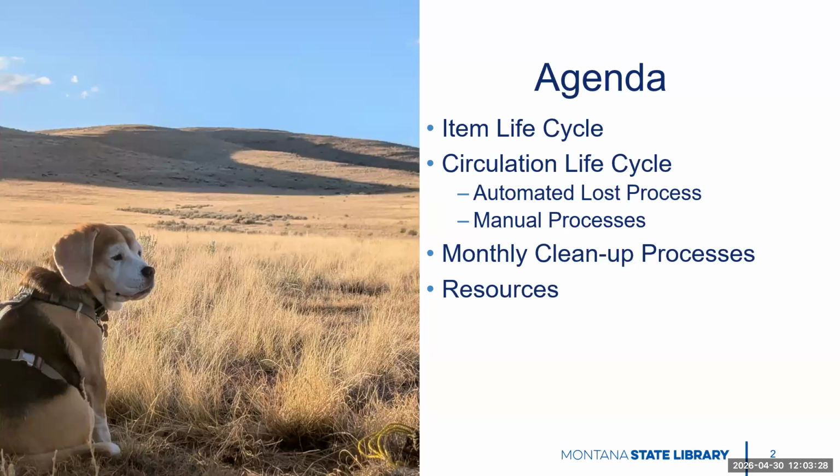Then we're going to go into the monthly cleanup processes that happen on the back end of the system. That's some of the new things that we've implemented in the last year. And then resources for you after today's webinar that you can refer to or refer your staff to.